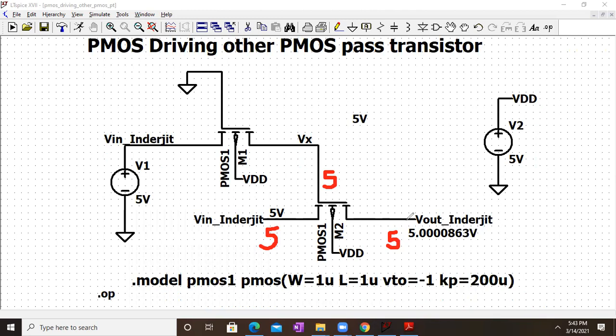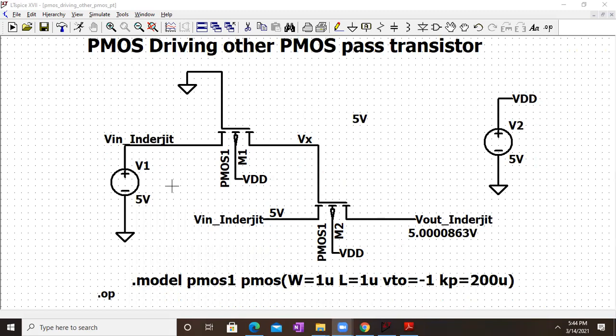So when the VGS value is 0, the PMOS transistor is off, and here indeed the PMOS transistor is off. Hence, if we apply 5 volt at the gate of the PMOS transistor, irrespective of whether Vin is logic 0 or logic 1, your output value will be 5 volt. So that is what we are getting over here. Let me clear the drawings now.